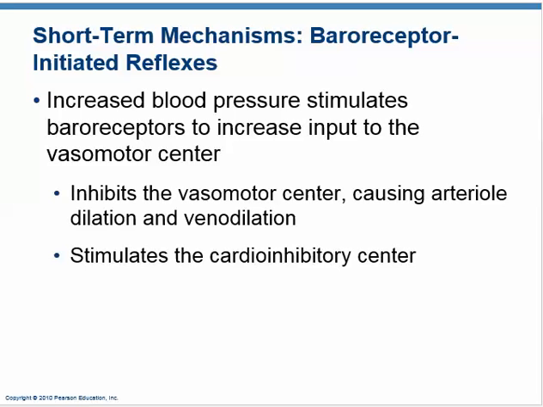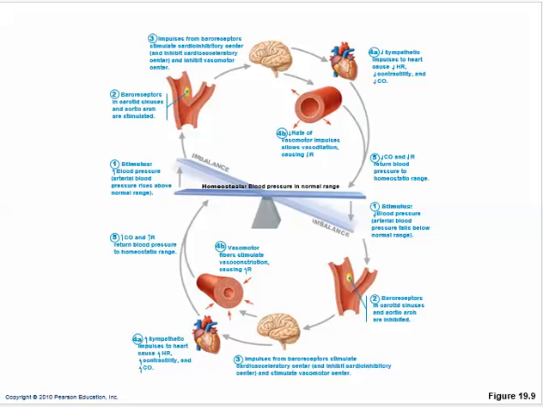So increased blood pressure inhibits and lowers cardiac output, which then feeds back. And this is the homeostatic balance of this.